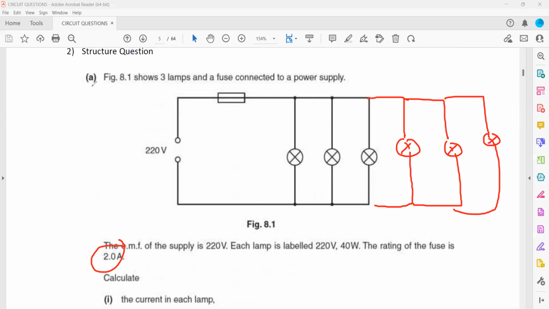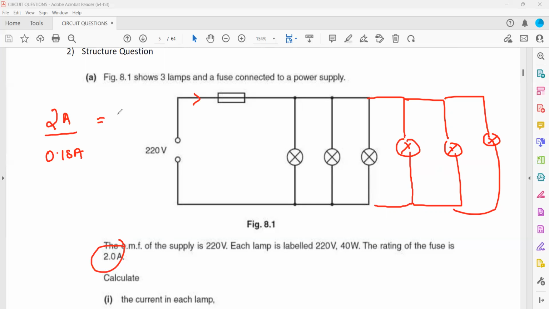We need a maximum of 2, so 2 divided by 0.18, since the current in each lamp is 0.18. So 2 divided by 0.18, what's the answer?